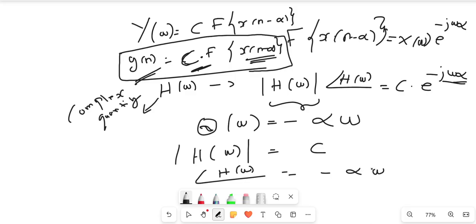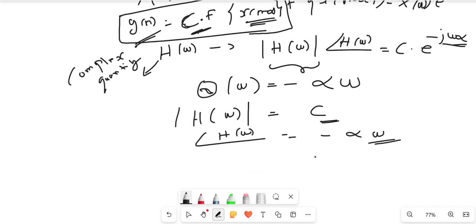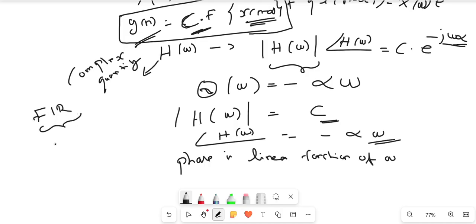We can say that the amplitude is constant and its phase is a linear function of omega, because the FIR filter, as I said, is a linear phase FIR filter.